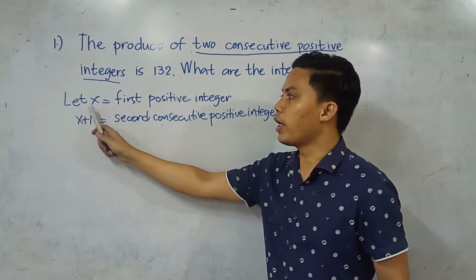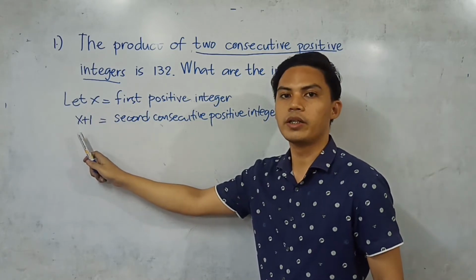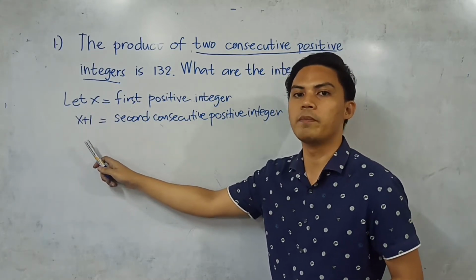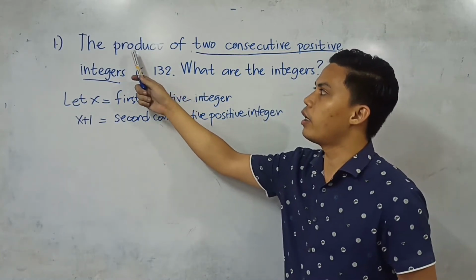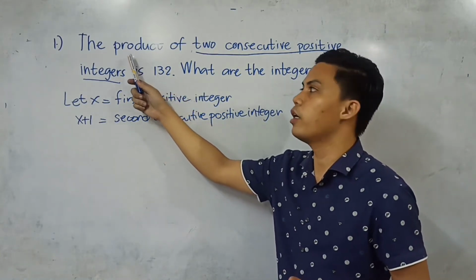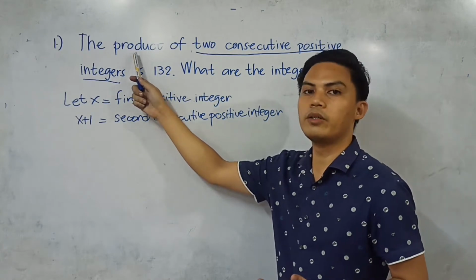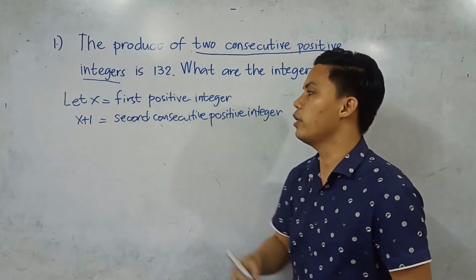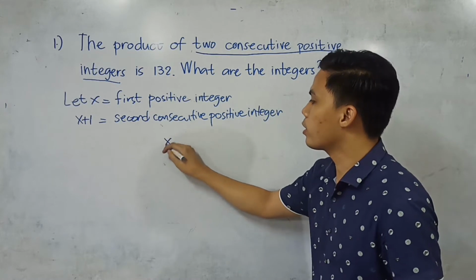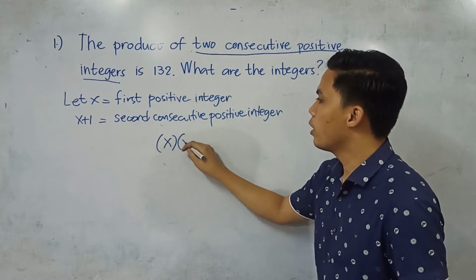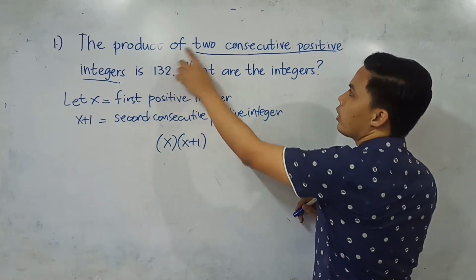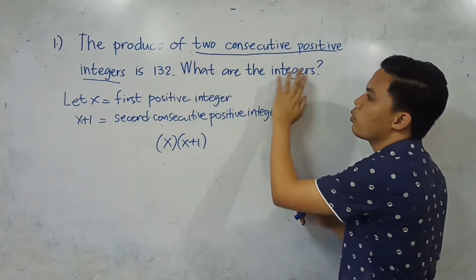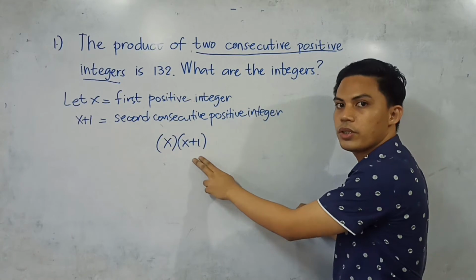We have x and x plus 1. Ano yung operation between them? We have multiplication. Bakit multiplication? Kasi nga sinabi sa problem natin, we have the product. So, we will have x times x plus 1. So, ito na yung product ng 2 consecutive positive integers.